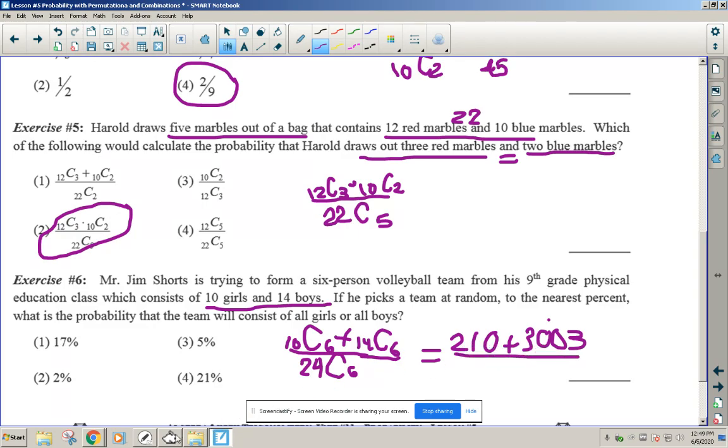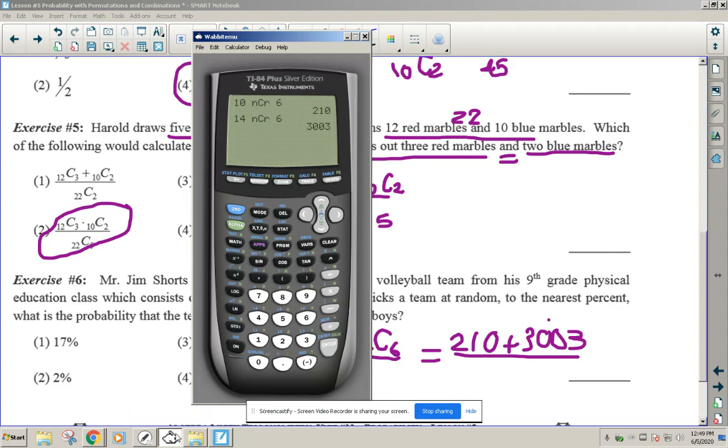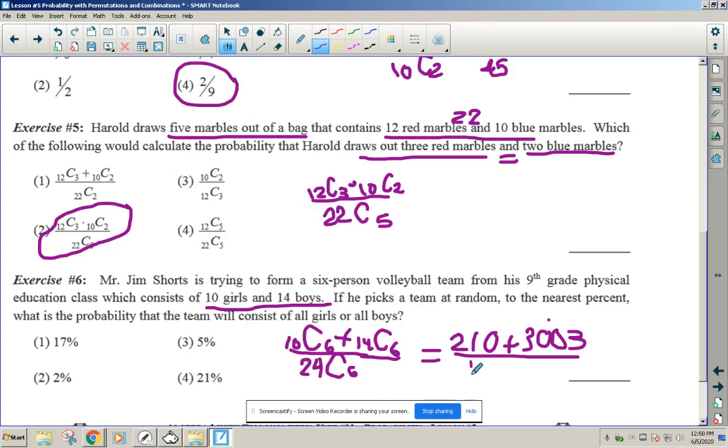And let's type in the bottom, the 24C6. And that gives me 134,596.